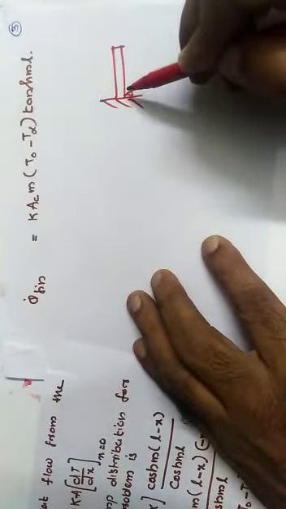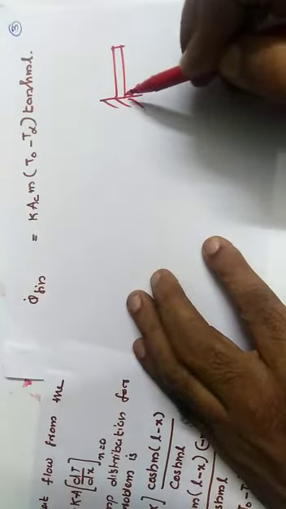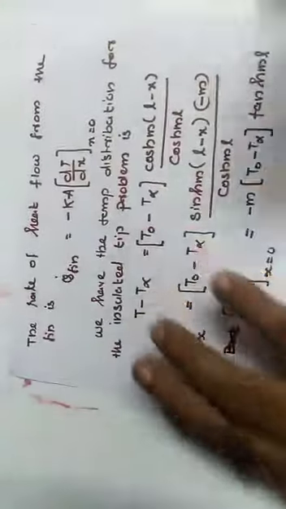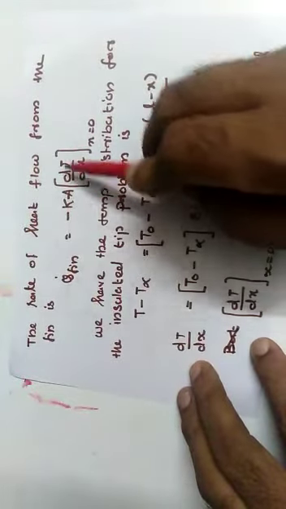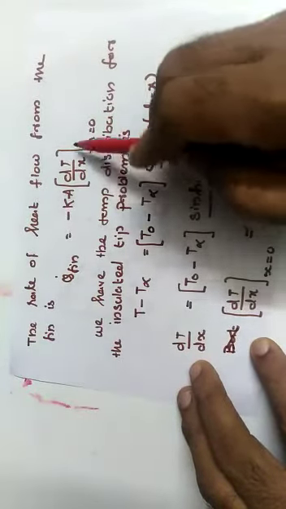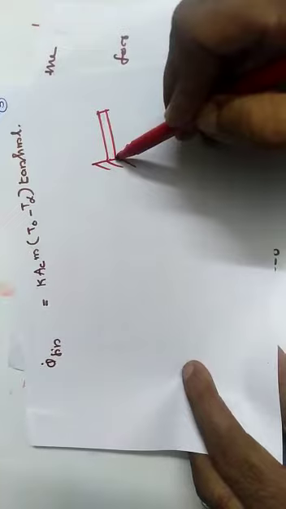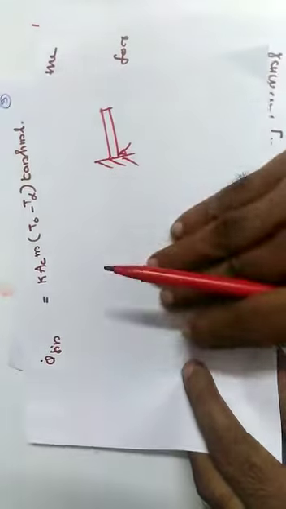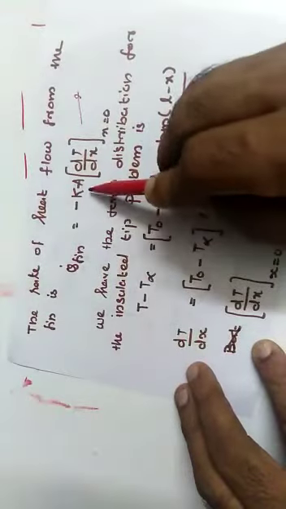So you need to calculate the heat transfer rate at the cross section, that is, at the base. This can be calculated using the expression q dot fin equal to minus kA into dT by dx. This is the Fourier expression, because at the root there is only conduction, and the amount of heat conducted into the fin can be calculated using the Fourier heat conduction equation.